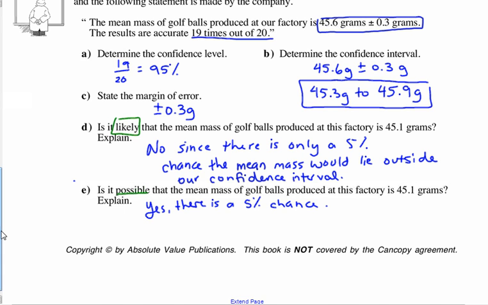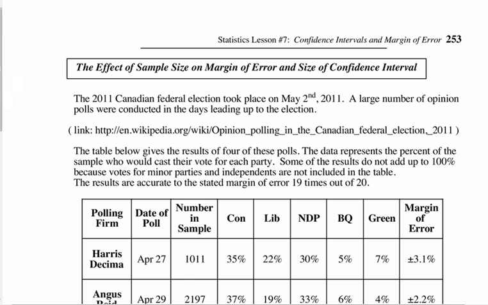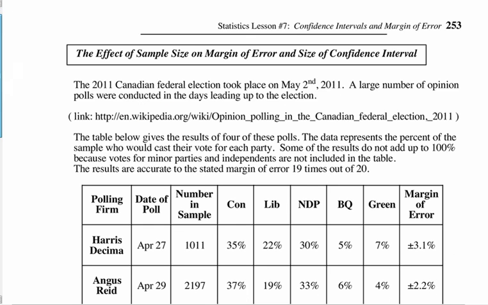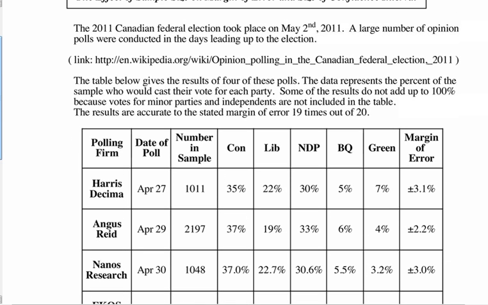A lot of times you'll see a lot of stats like this in papers or any type of medical paper, advertisements on TV, or even polling. So here's some more polling information. The 2011 Canadian federal election took place on May 2nd, 2011. A large number of opinion polls were conducted in the days leading up to the election.